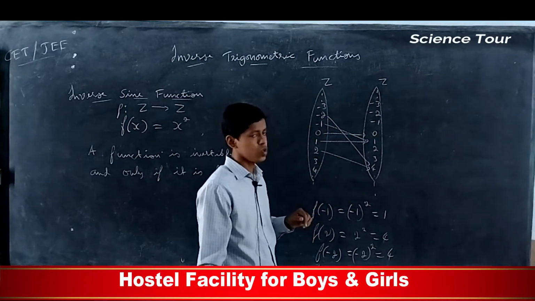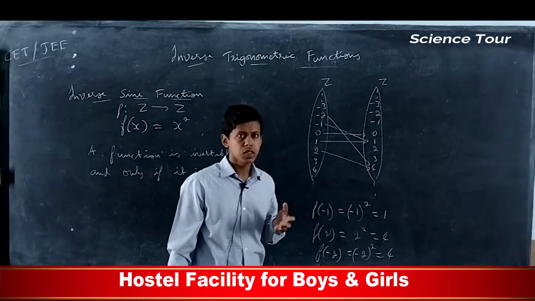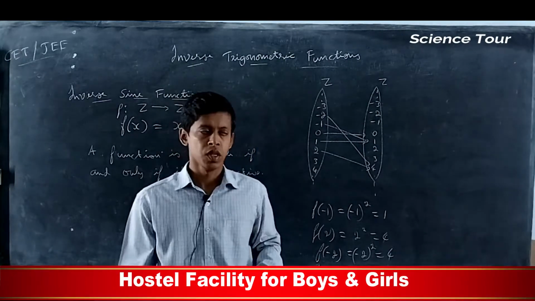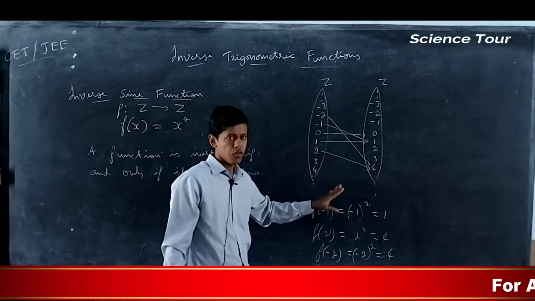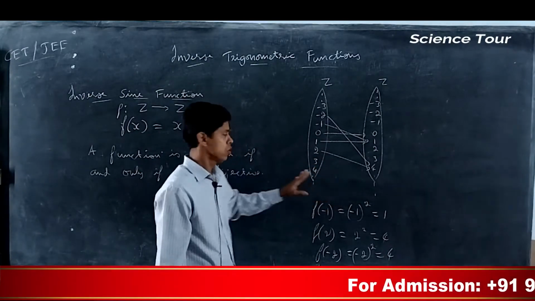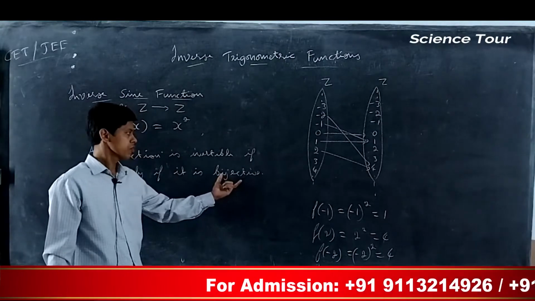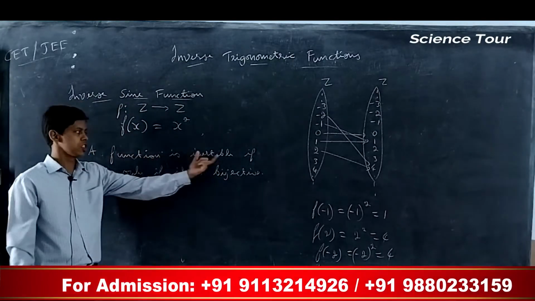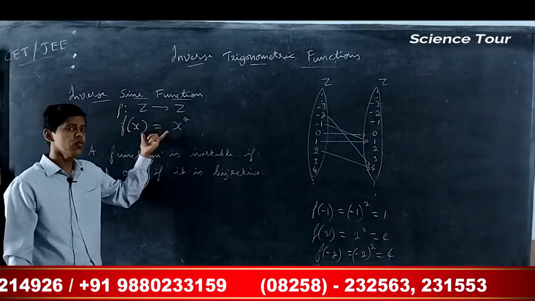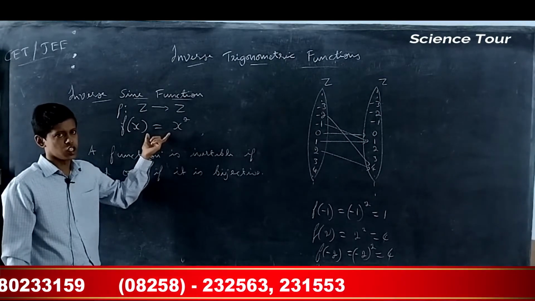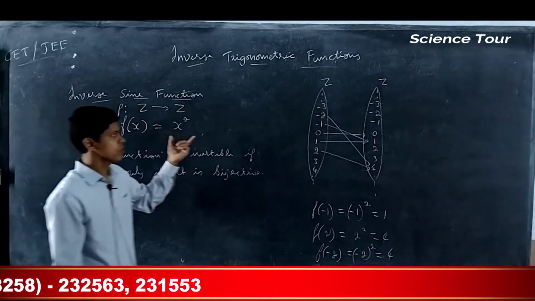I hope you know that difference. The opposite of one-one is many-one. So this function is many-one, therefore it is not bijective, therefore this function is not invertible. That means you cannot find the inverse of this function. Why can you not find the inverse?